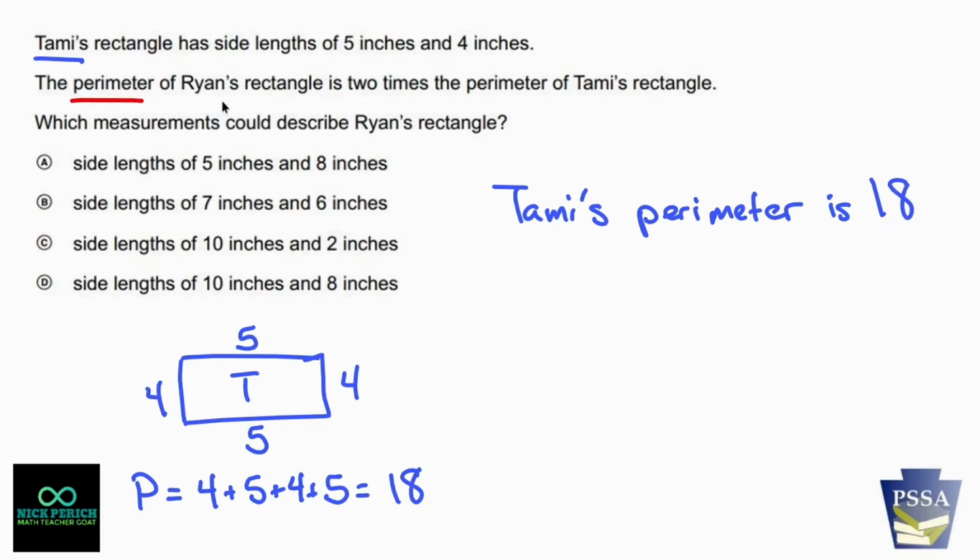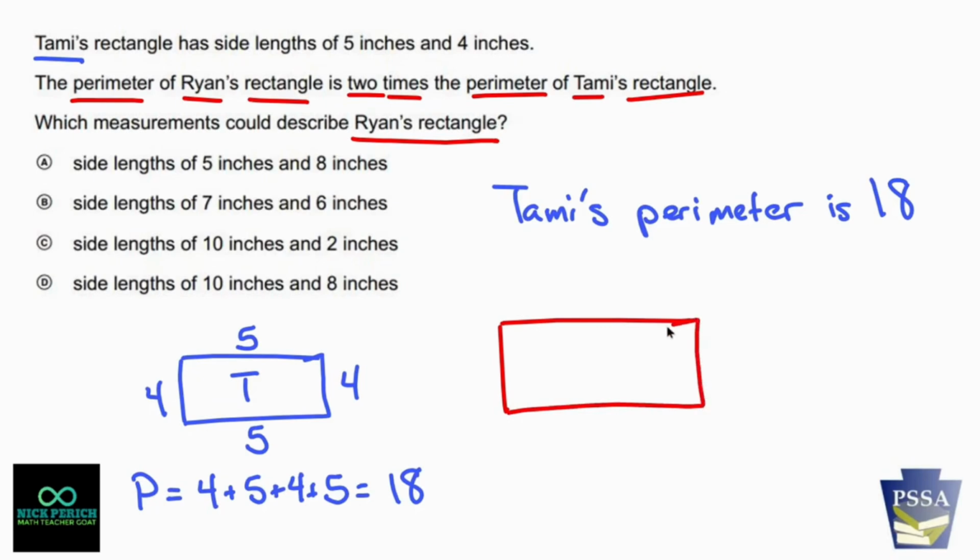The perimeter of Ryan's rectangle is 2 times the perimeter of Tammy's rectangle, and we want to find Ryan's rectangle. Well, if Ryan's perimeter is going to be 2 times it, then Ryan's lengths are going to be 2 times Tammy's.